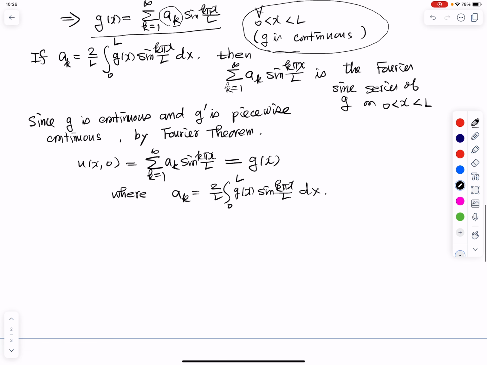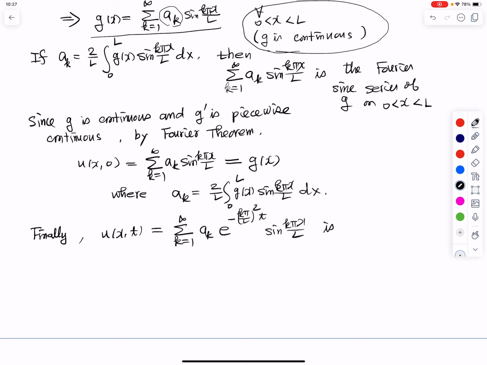Okay. So then finally, we have the explicit form u(x,t) equals summation k from 1 to infinity. So I find the a_k, set it here, and then e to the minus (k pi over L) squared t, sine(k pi x divided by L).